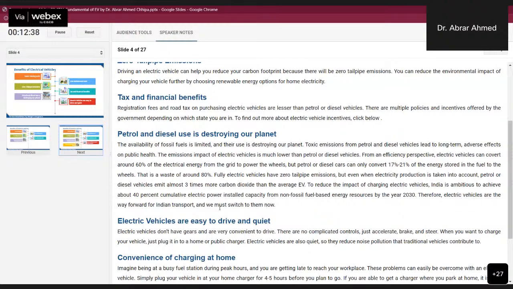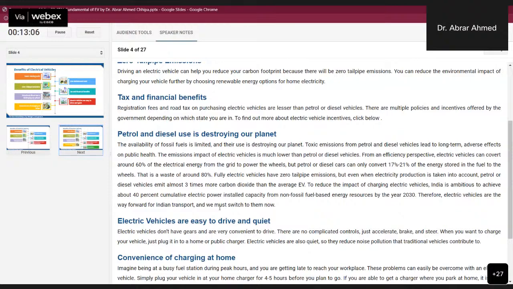That situation is completely avoided in electrical vehicles, because there we have just an accelerator, a brake, and a steering to control. When you want to charge your vehicle, just plug it into a home or public charger. Electrical vehicles are also quiet, so they reduce the noise pollution that traditional vehicles contribute to.